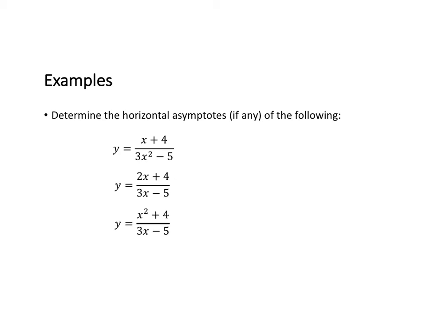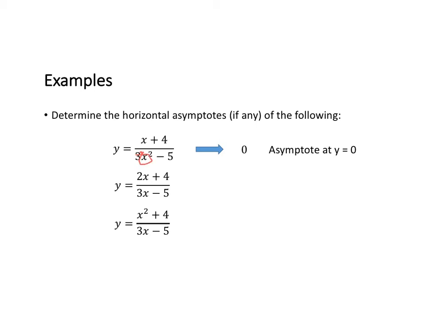So let's look at the first. We got y equals x plus 4 over 3x squared minus 5. Now, as x gets really, really big, we can ignore the 4, we can ignore the 5, and in fact, we can factor this x with one of the x's on the bottom, and the result is the only thing left is going to be this x on the bottom.